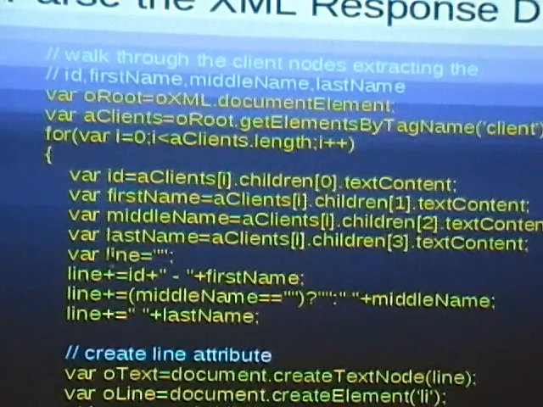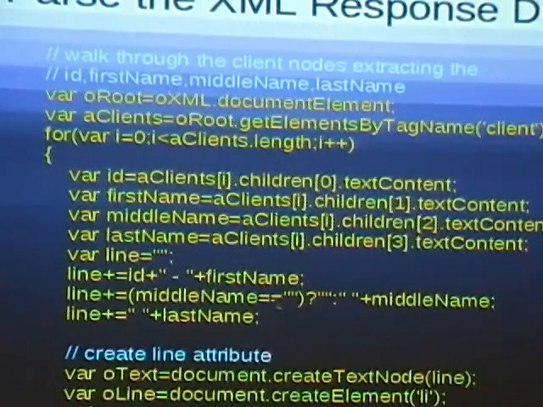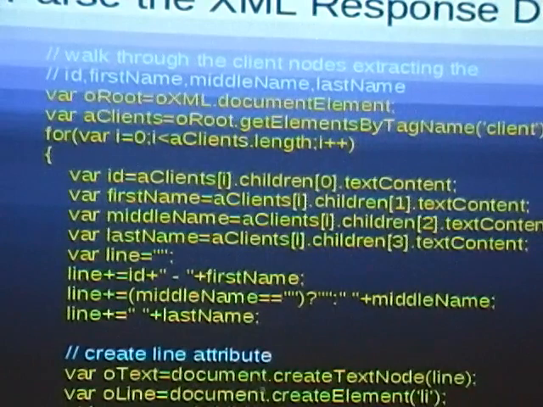Then I assign all those variables to a line. I like to use this little way of doing my if statements; it's something I picked up from being a C programmer. Basically it just puts in first, middle, last, and ID. Oh yeah, okay.